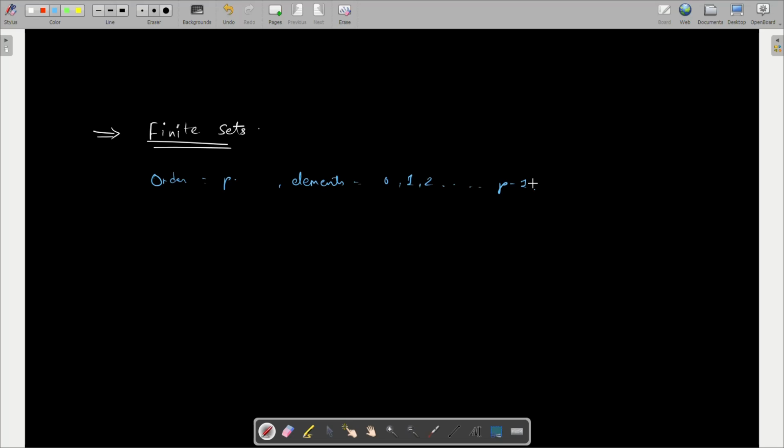These are what are called the elements of the set, not necessarily the traditional numbers 0, 1, 2, 3, etc. They behave in many ways like traditional numbers, but have some differences in how we add, subtract, multiply, and many more things. In mathematical notation, the finite set with order p is equal to 0, 1, 2, ..., p minus 1.